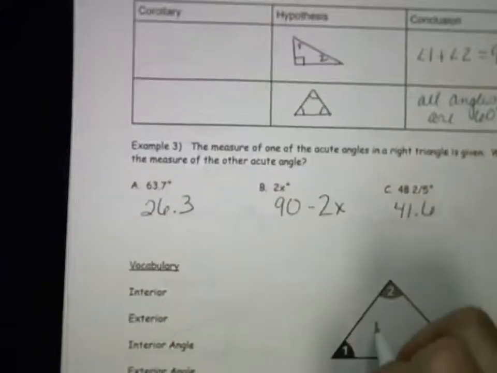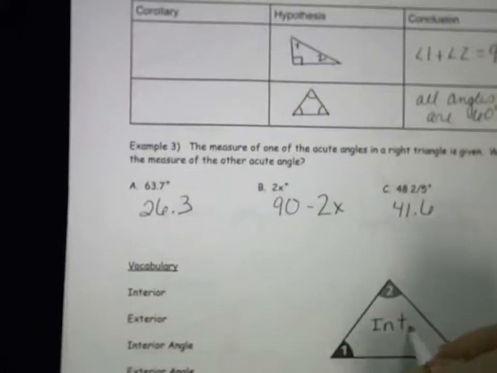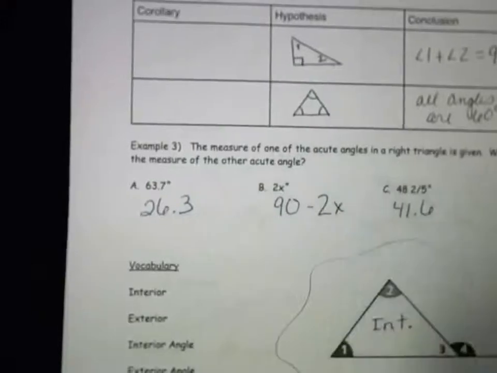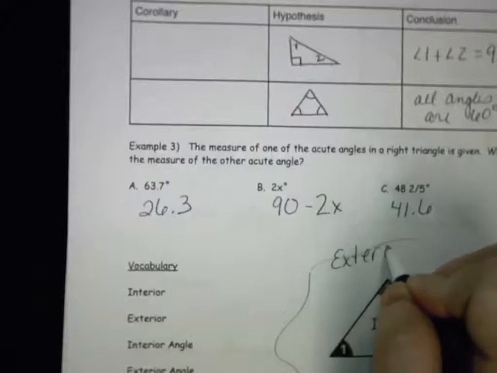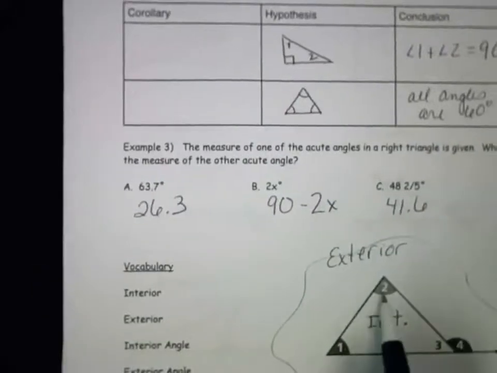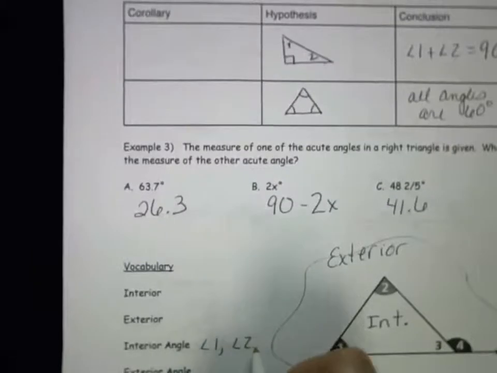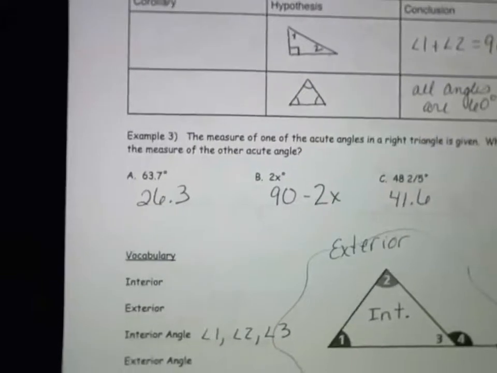Now we have some vocabulary. This is the interior of the triangle, anything on the inside. All of this out here is the exterior of a triangle. These are the interior angles, angle 1, angle 2, and angle 3, because those are all inside. And angle 4 is an exterior angle.